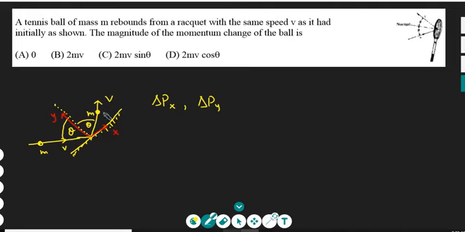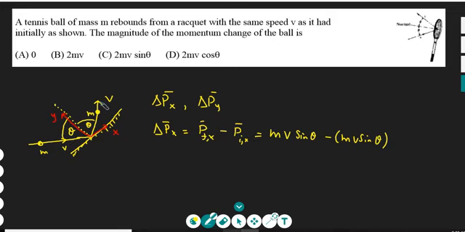Now if you look at the change in the linear momentum in the x direction, let's take a look at that. We'll have the linear momentum final in the x direction minus linear momentum initial in the x direction. For the final linear momentum along the x direction, we have mv sine theta, minus mv sine theta.